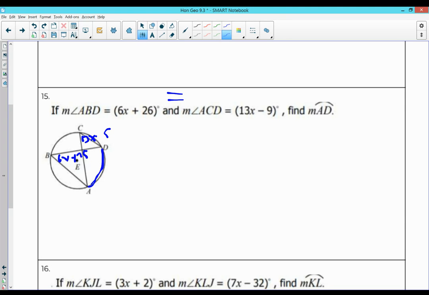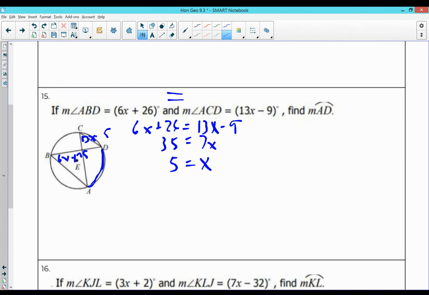So since they are both inscribed angles with the same intercepting arc, that means I can set them equal to each other because they are congruent. So then that gives me 35 here, 7x here. So 5 equals x.